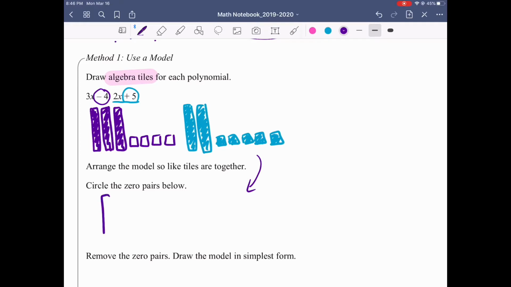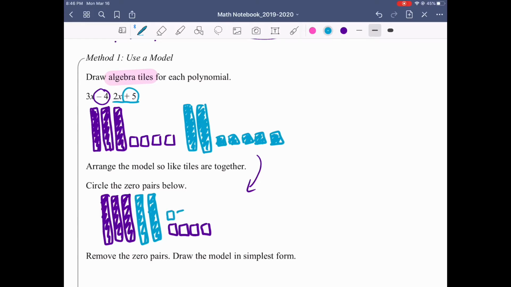So we had 3 positive x's in the purple equation, and then 2 positive x's in the blue equation. Then we had 4 negative 1 tiles in the purple equation, and 1, 2, 3, 4, 5 positive 1 tiles in the blue equation.